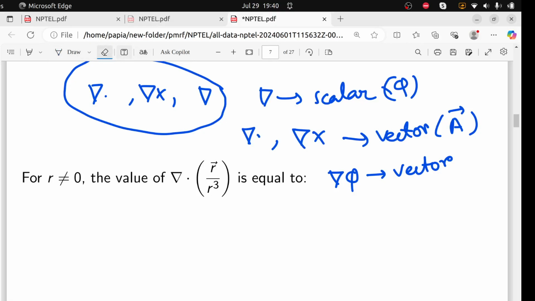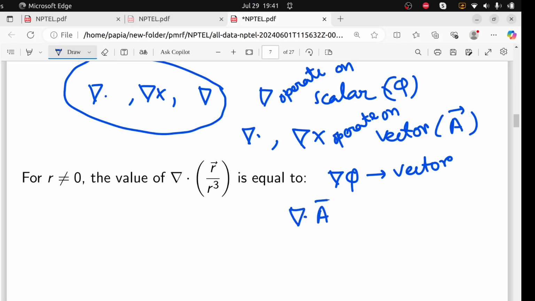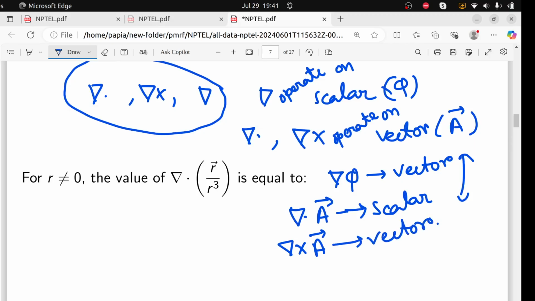Actually, I should write it like that. Grad operates on a scalar, and divergence and curl operate on a vector. Grad phi gives us a vector. Divergence of a vector gives us a scalar result. Curl of a vector gives us a vector.